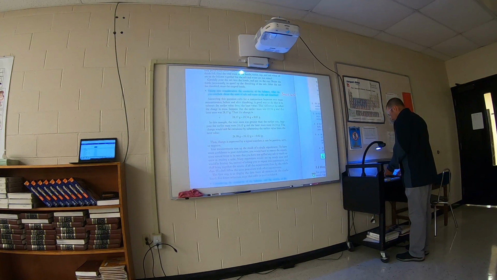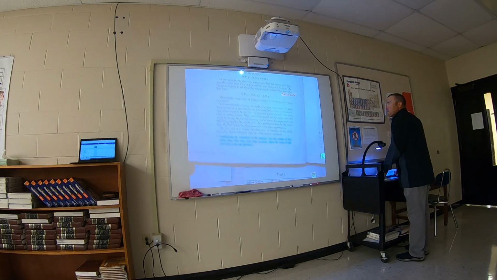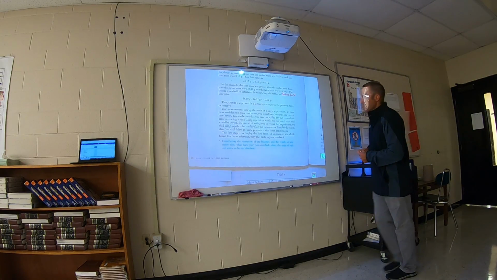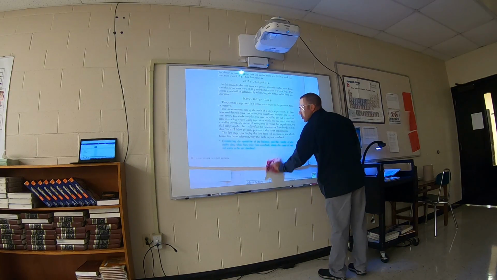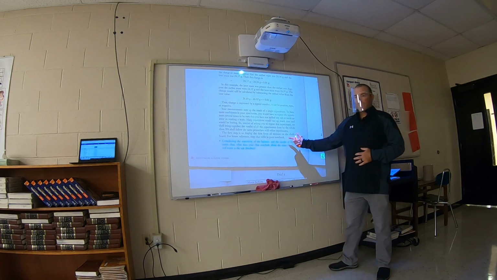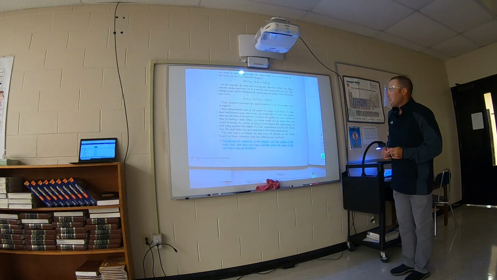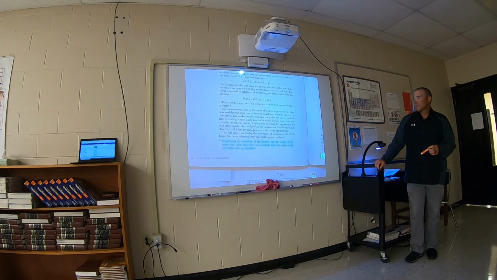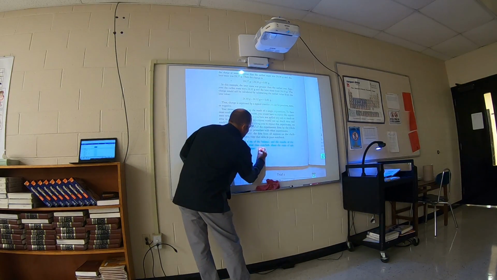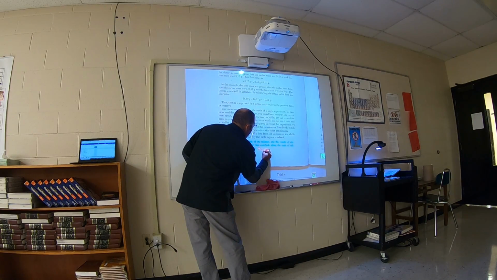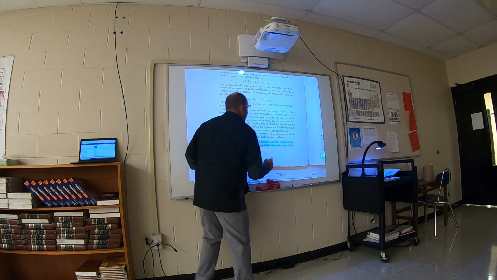Then number 2, it says, considering the sensitivity of the balance and the results of the entire class, which we just wrote up here. What does your class conclude about the mass of salt and water as the salt dissolves? Same thing. So for number 2, put, it should be 0.